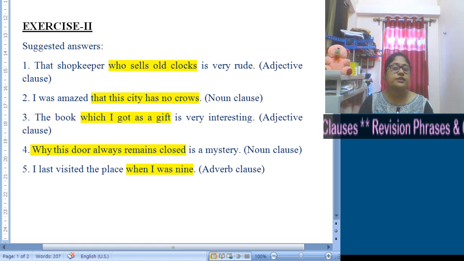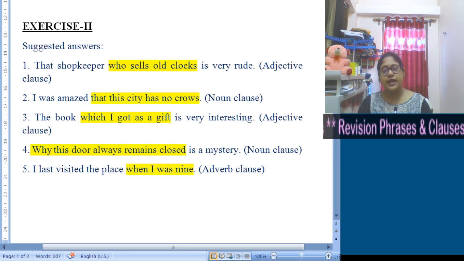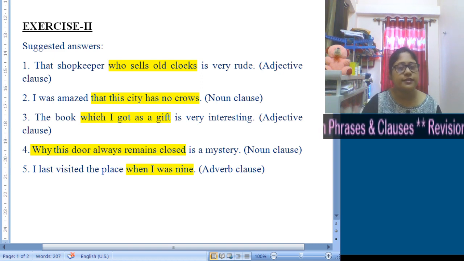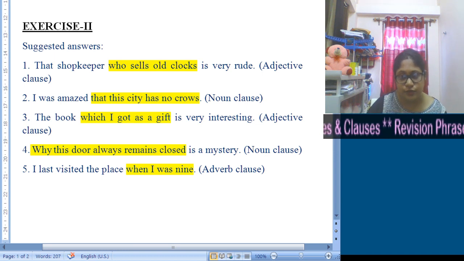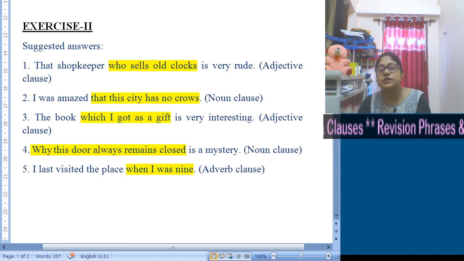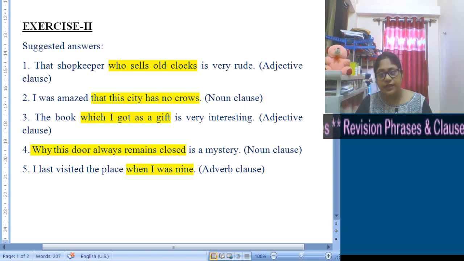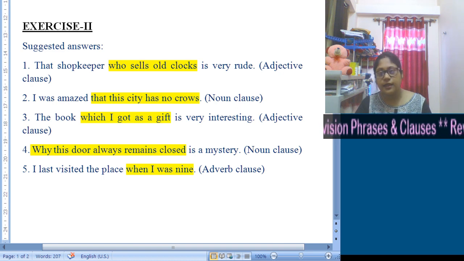So the first one was given, that shopkeeper dash is very rude, and we were asked to fill in the blank with an adjective clause. So I have supplied the answer, that the shopkeeper who sells old clocks is very rude. Who sells old clocks? This is the adjective clause part. Now your answer may vary. You can provide some other answers.